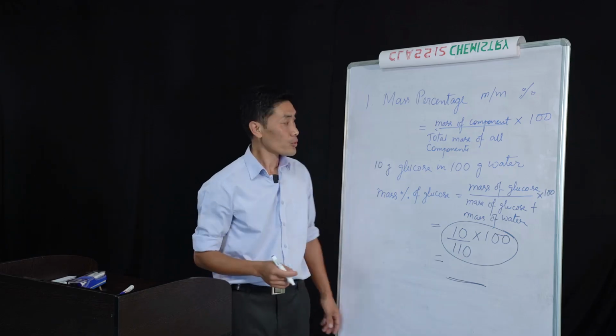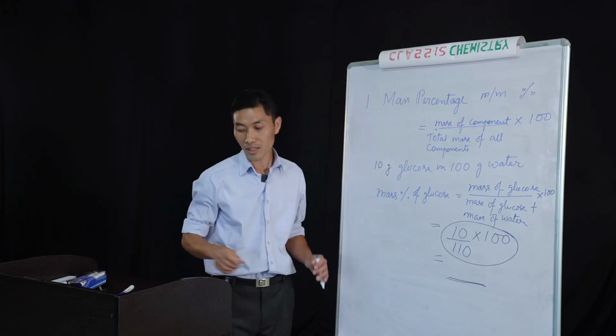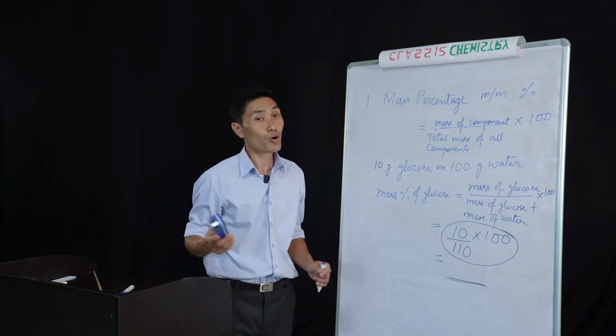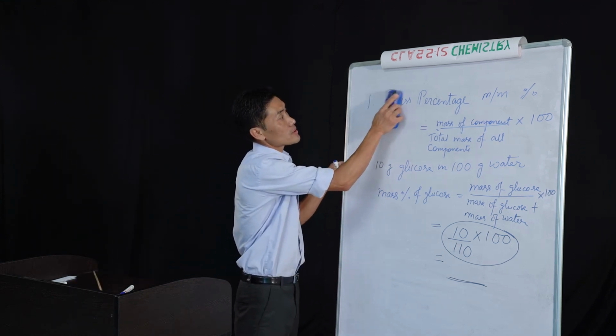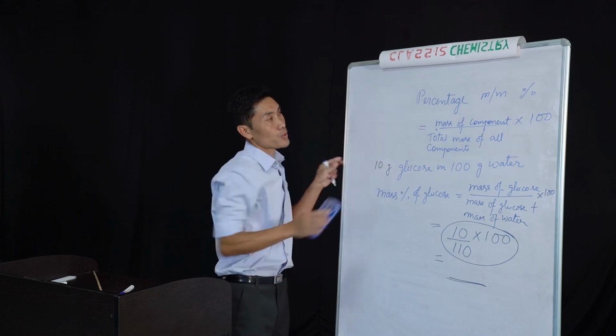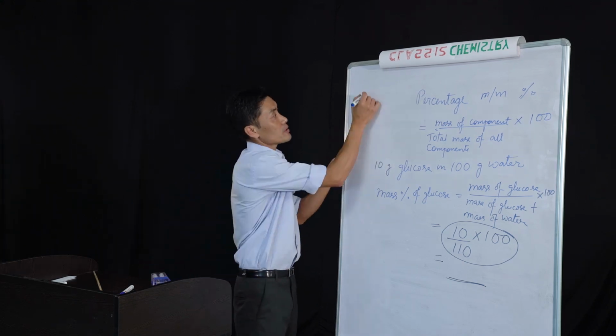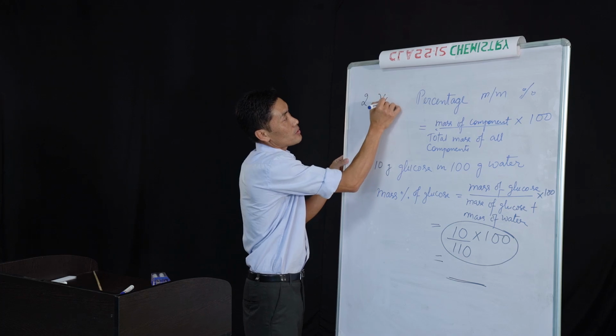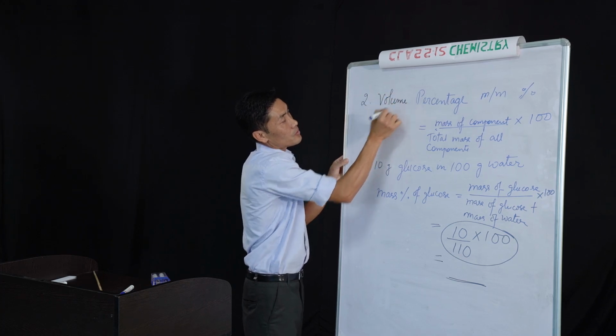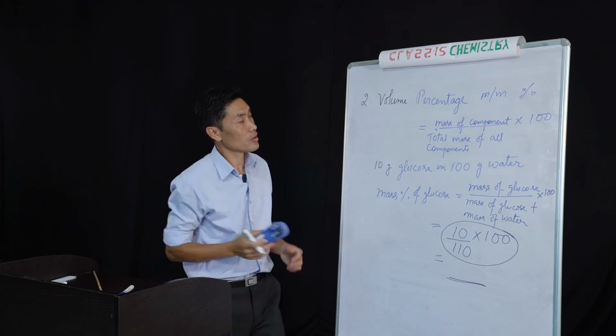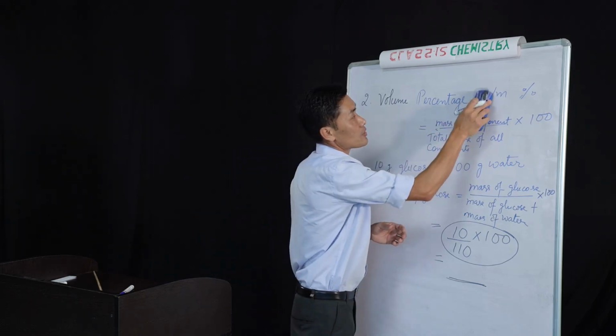The second method for expressing concentration of a solution is volume percentage. So instead of mass, we use volume here. We use volume of the components.